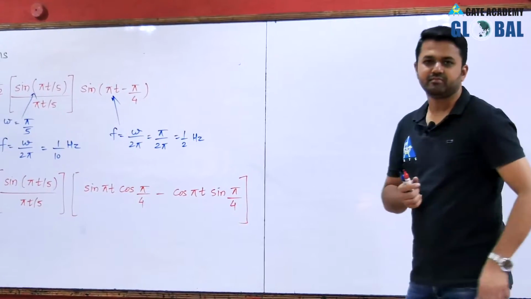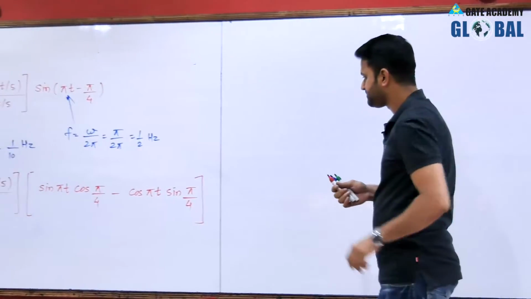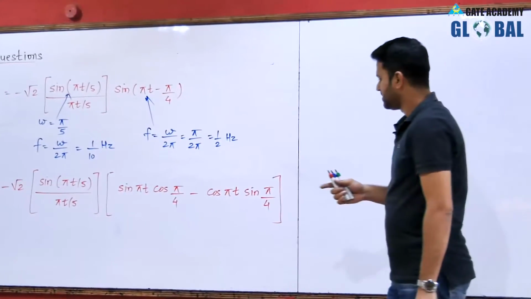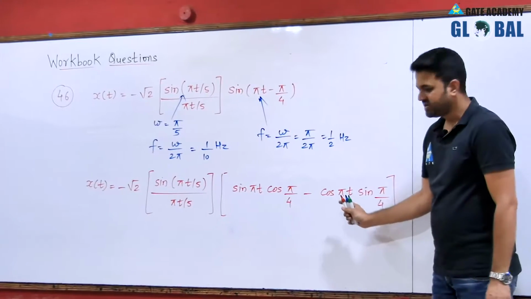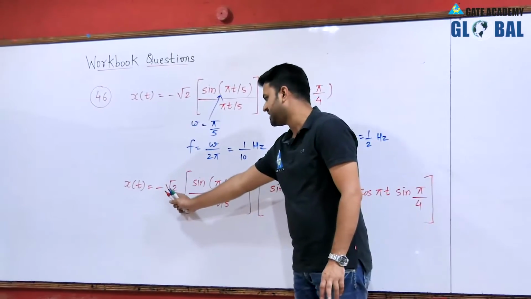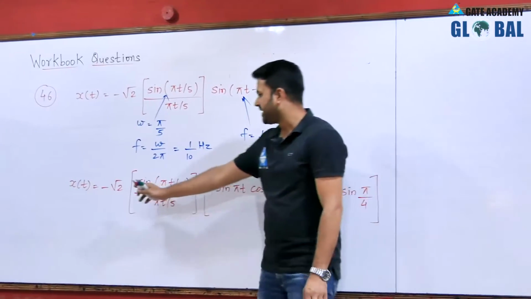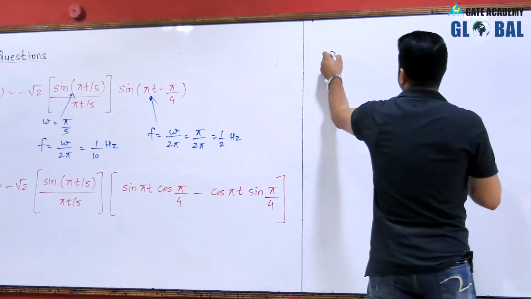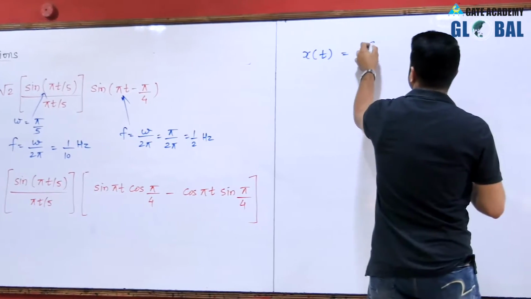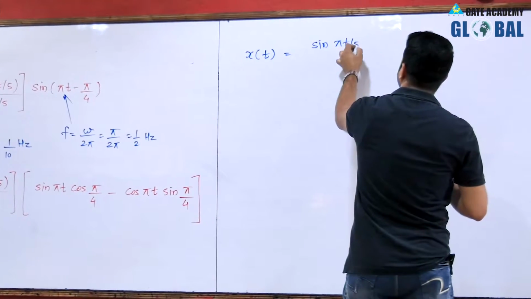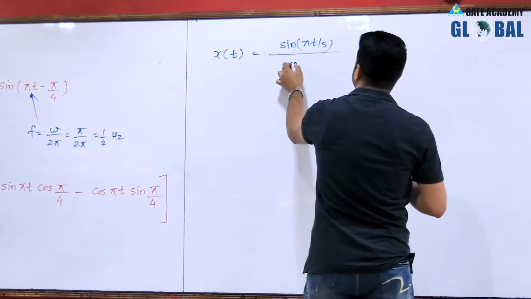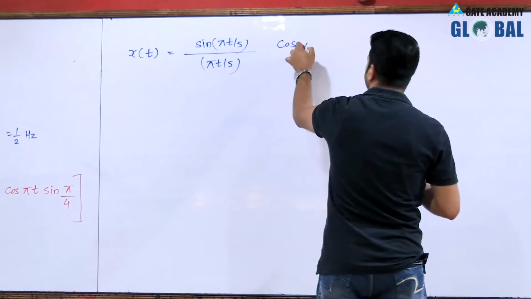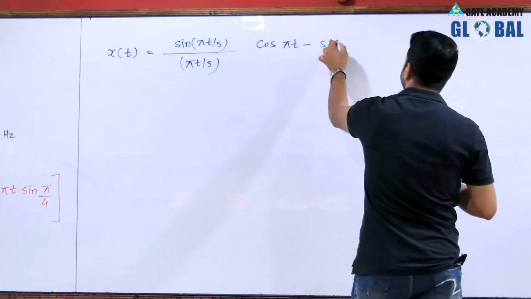Now the value of cos pi by 4 and sin pi by 4 is 1 by root 2. So this 1 by root 2 is common in both the terms, and it will cancel with this root 2, and there is a minus sign multiplied in this term. So we will get x of t equal to sin pi t by 5 divided by pi t by 5, times cos pi t minus sin pi t.